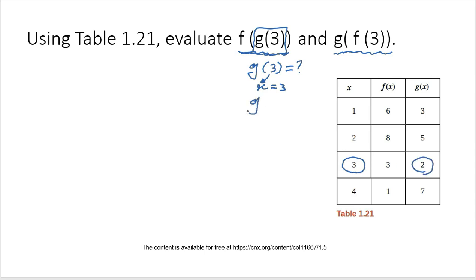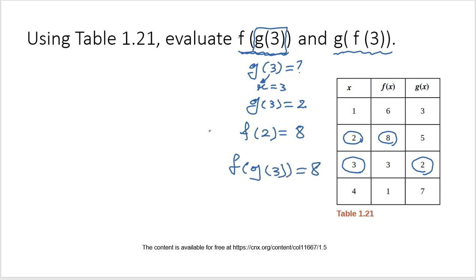So g of 3 is equal to 2. Now we substitute into f of 2. What is f of 2? x is 2. What is f of x? 8. So f of g of 3 is equal to 8.